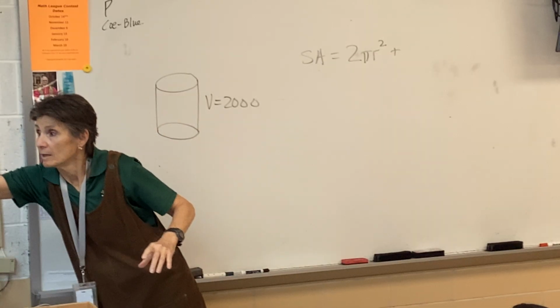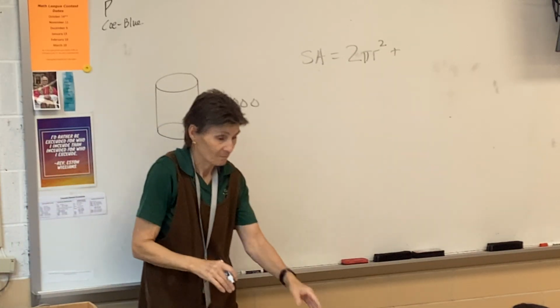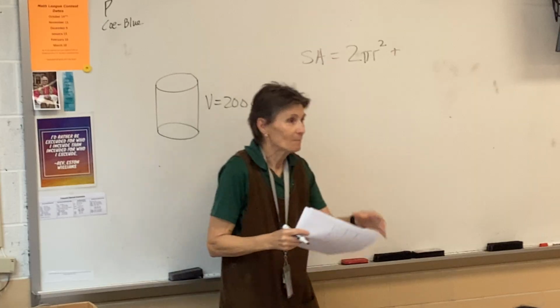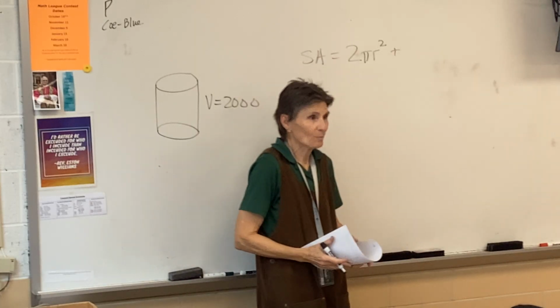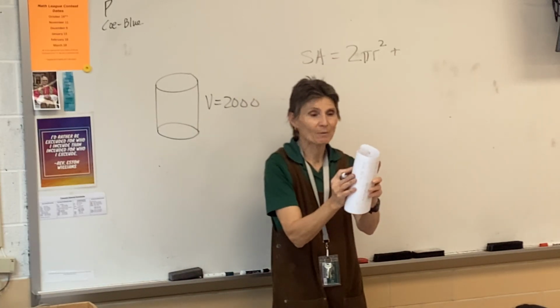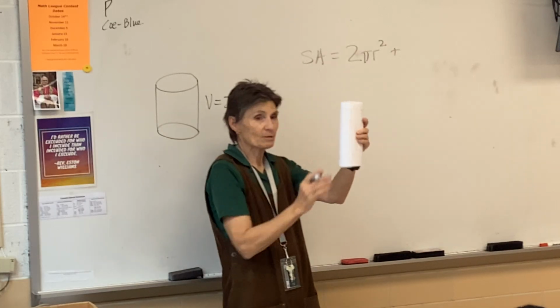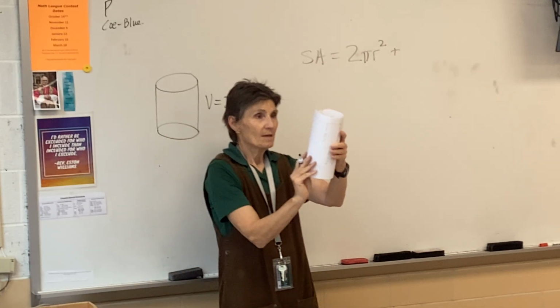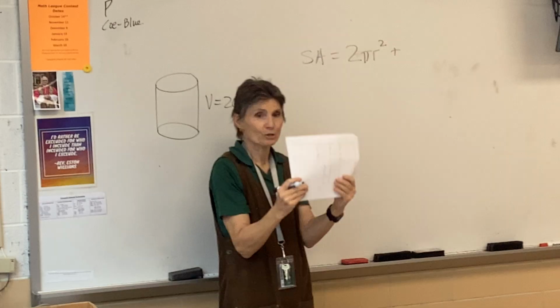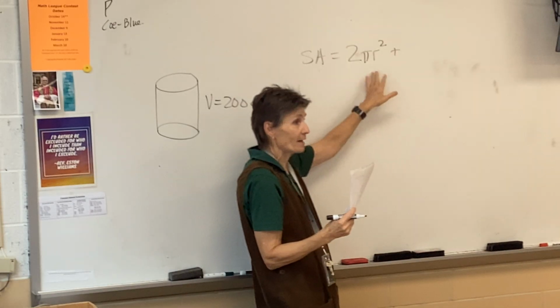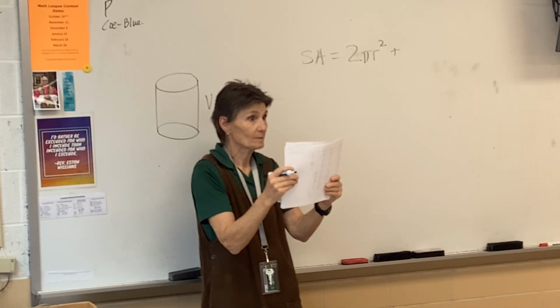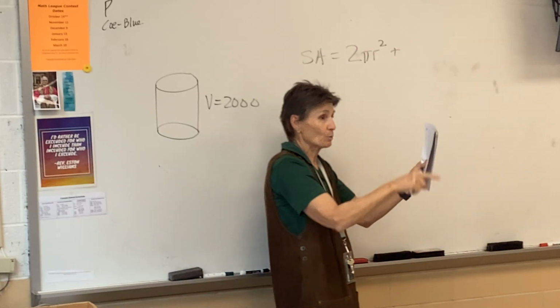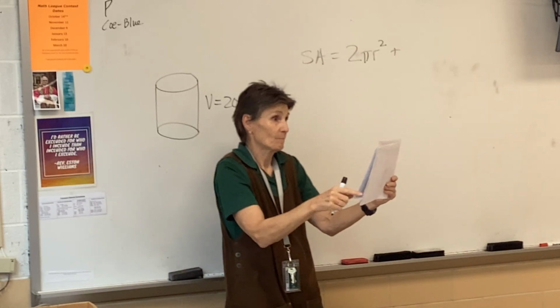Plus just the area of the rectangle, that's right. If you think about it, here's a cylinder, right? The sides of the cylinder are just a rectangle. You have the top and the bottom, but this is just a rectangle. The height of the rectangle is h.